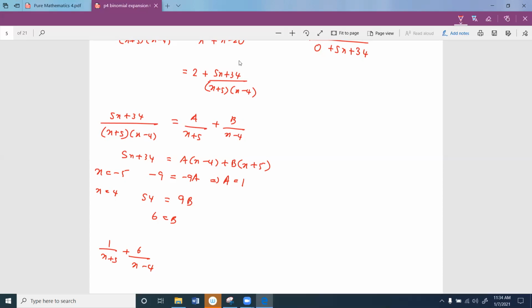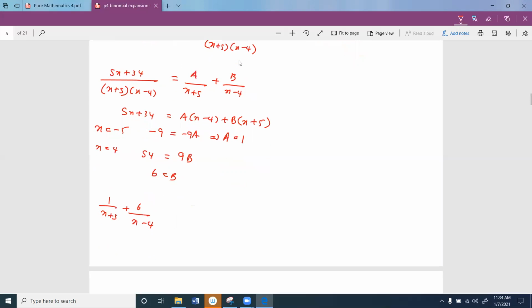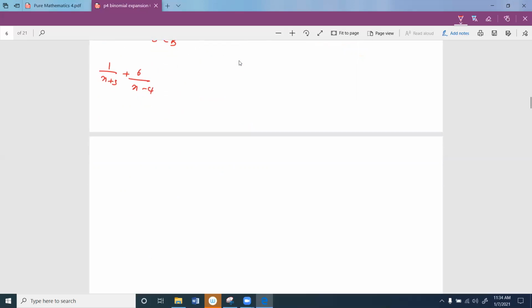Then this is the expansion for that. Now you have to do the expansion for this. So you can say 1 times (5 plus x) to the power minus 1, plus 6 times (minus 4 plus x) to the power minus 1.